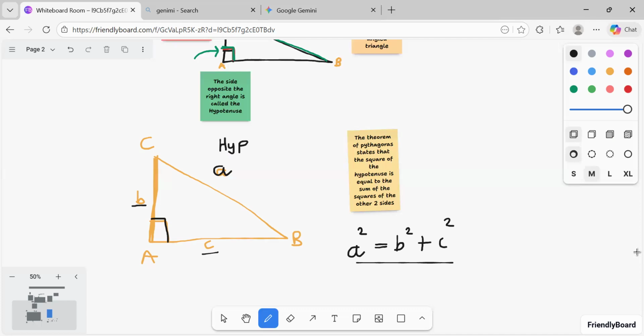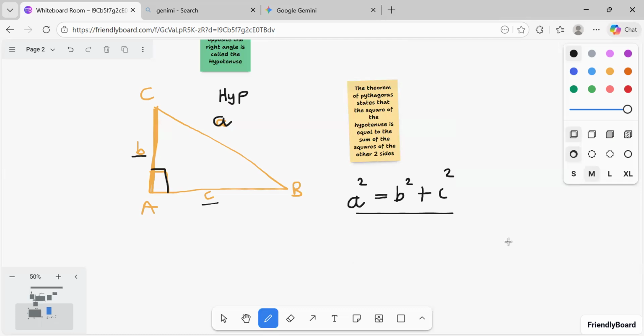Now that I have the theorem of Pythagoras, I can use it to find any missing side, whether I'm finding the hypotenuse or one of the other two sides.